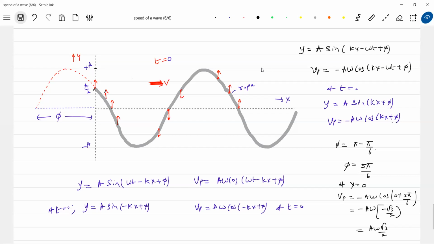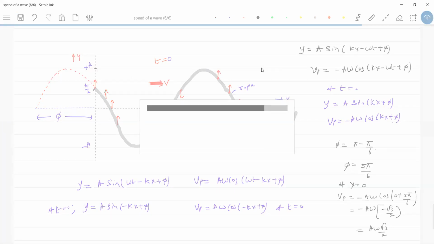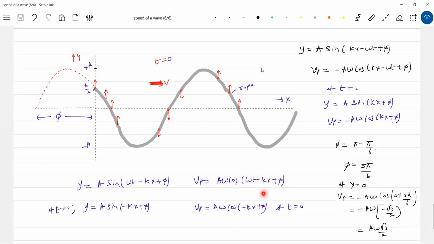Okay, got the idea? So these are some, I think, sir, why can't this be right? Why can't this be right? Put x equal to 0, A sine 5 pi by 6.